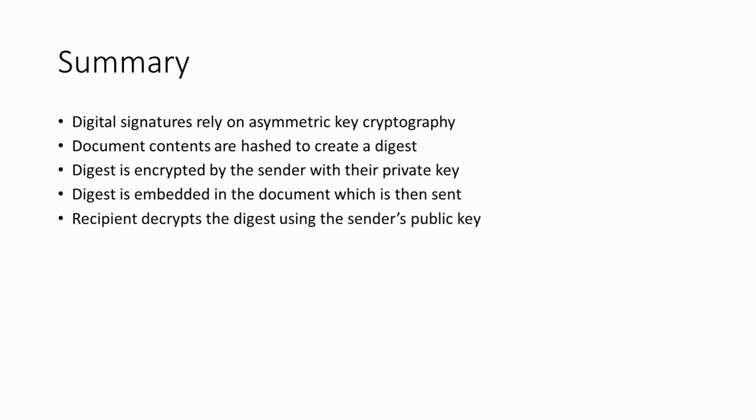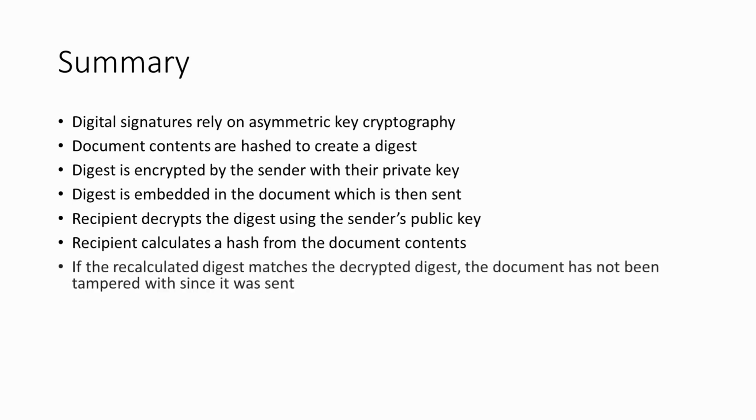The recipient decrypts the digest using the sender's public key. The recipient also calculates a hash from the document's contents using the same hash algorithm. If the recalculated digest matches the decrypted digest, it can be assumed that the document hasn't been tampered with since it was sent.